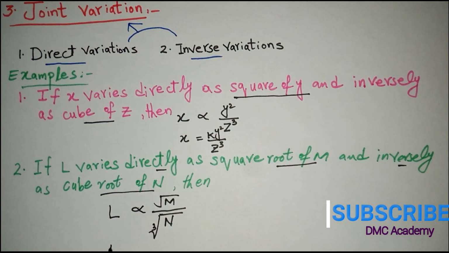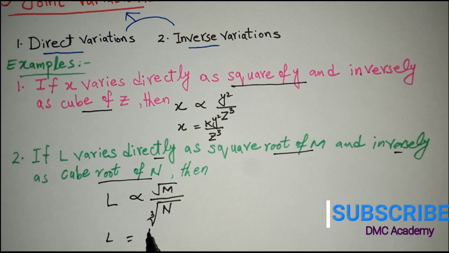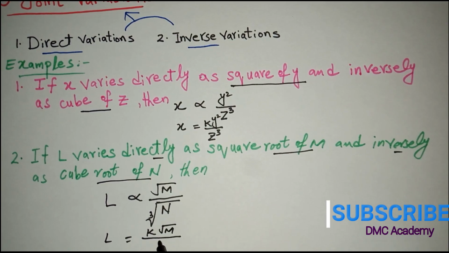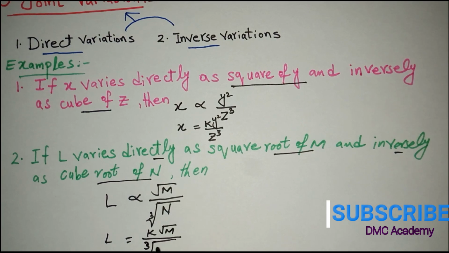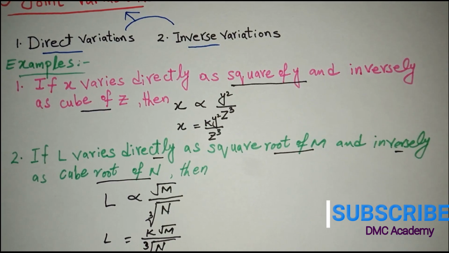Now L will be equal to a constant times the square root of m divided by the cube root of n.